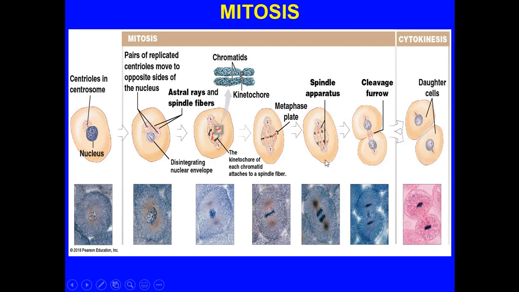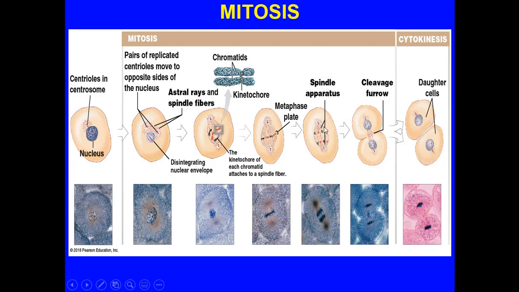Think about it: you're being pulled through the cytoplasm. The area at the very tip attached to the spindle fiber is the leading part, and the lagging parts are the edges that are dragged along as you go through the cytoplasm.